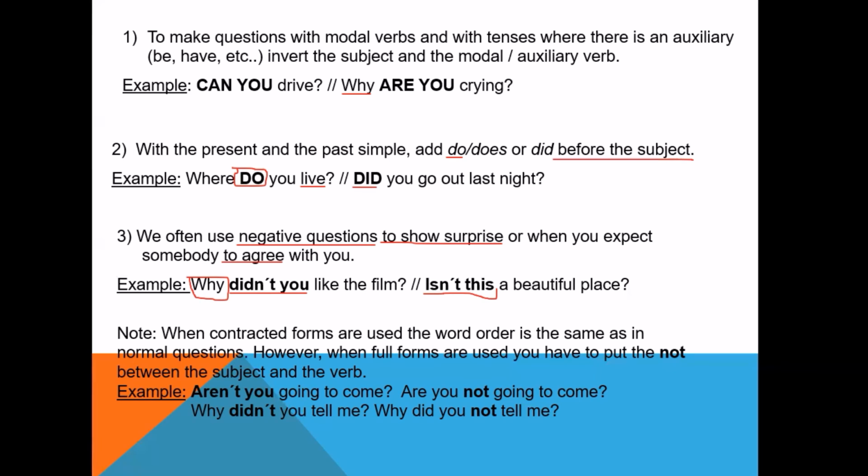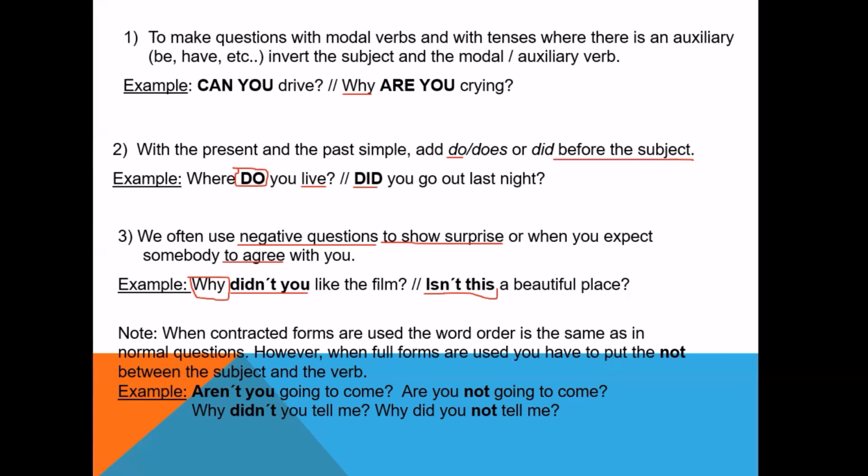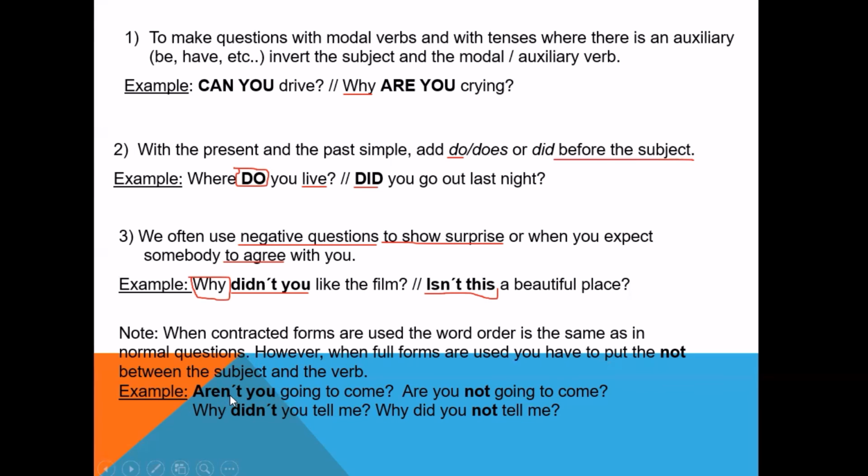Okay, look at the difference. Why did you not tell me? So I give emphasis. I highlight it and I give emphasis. So the not here comes between the subject and the verb. And with the negatives, I can either start the question with a negative, or I can write the negative after the information pronoun, the wh- question.